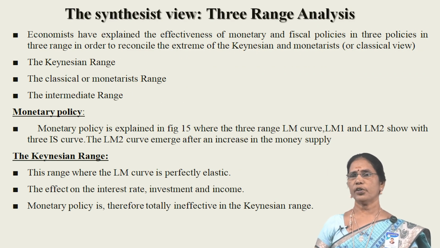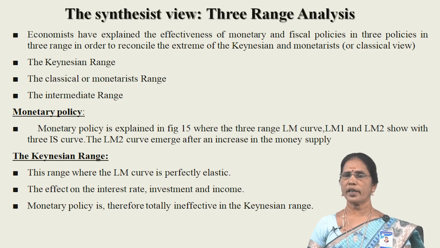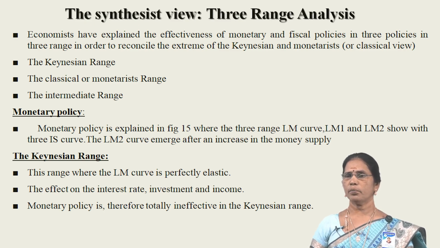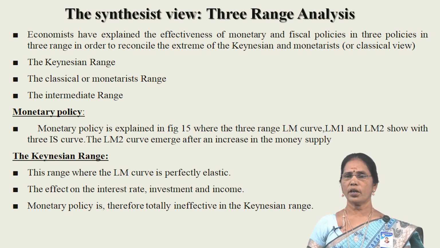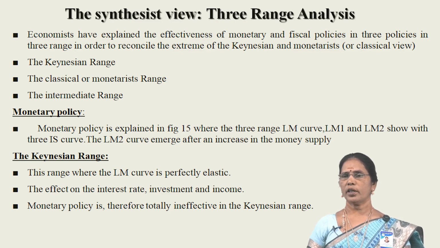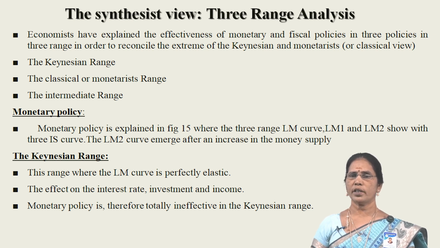In this synthetic view of three ranges analysis, economists have explained the effectiveness of monetary and fiscal policies in three ranges, in order to reconcile the extremes of the Keynesian and monetarist views. The first is the Keynesian range, another is the classical or monetarist range, and the third is the intermediate range.